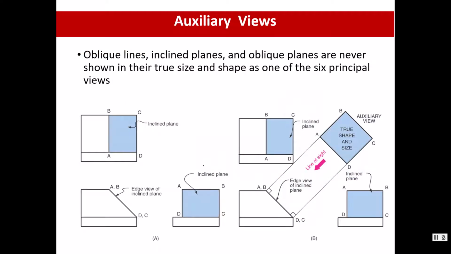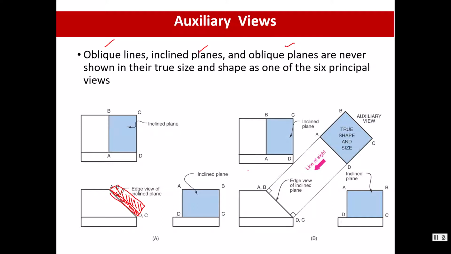However, if we have something like this, oblique lines, inclined planes, or oblique planes are never shown in the true size. So if we have this area and we project it according to the 6 principal views, the size of this area will not be presented in the true size.